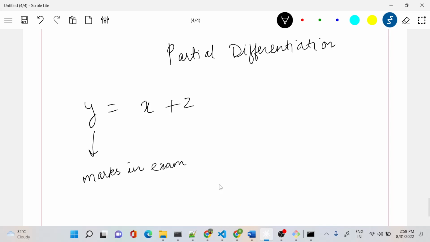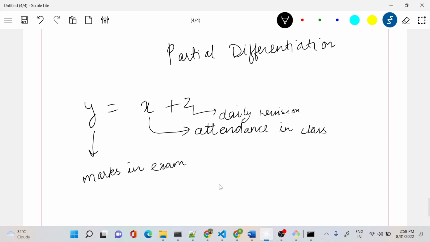Say x is the attendance in class, and z is the daily revision of notes. We find experimentally that y depends on x with the power of 2, and on z with the power of 3.